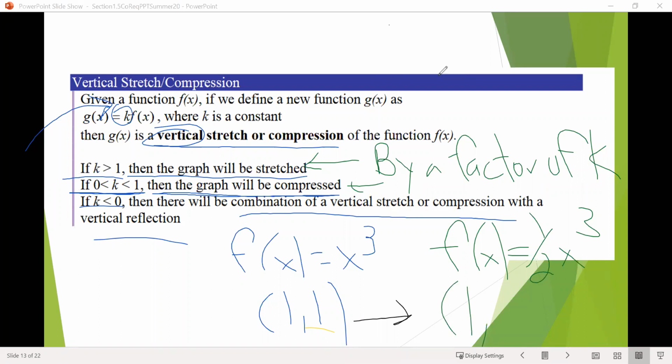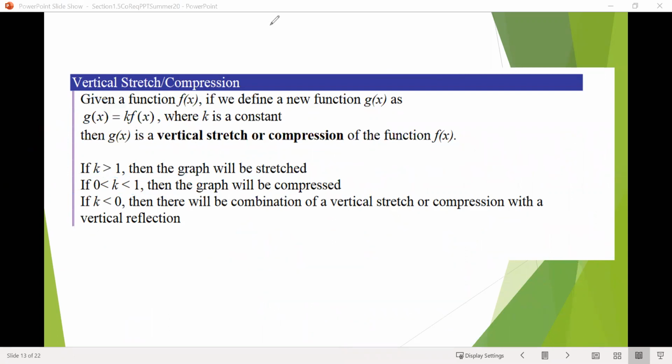Again, the input stays the same, but the output now gets multiplied by that factor of k, which in this case is 1/2. So the output 1 became 1/2 over here. That's how that impacts things when you're multiplying by something on the outside of your function.